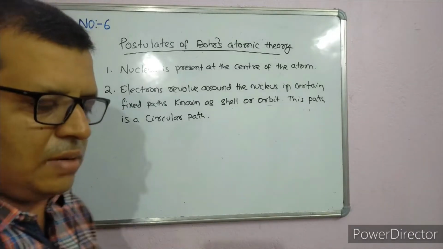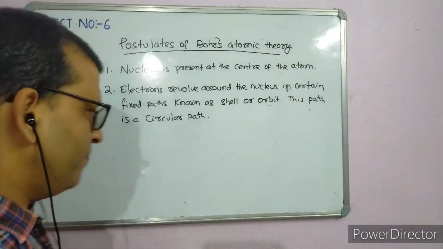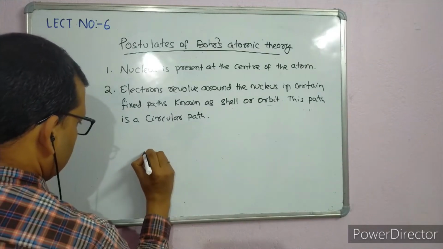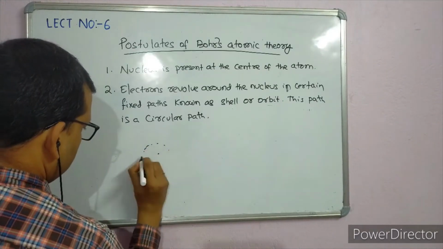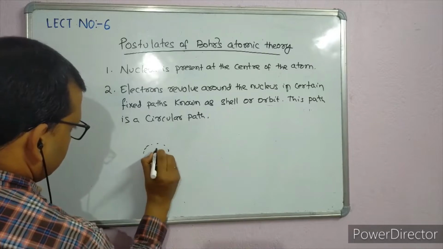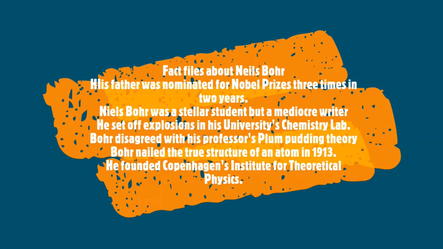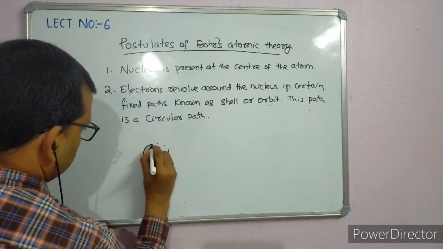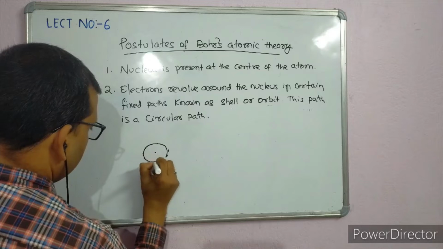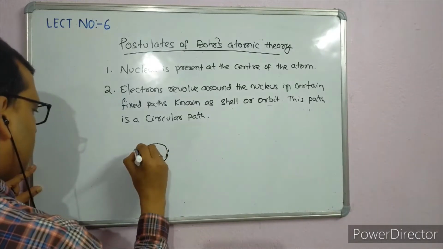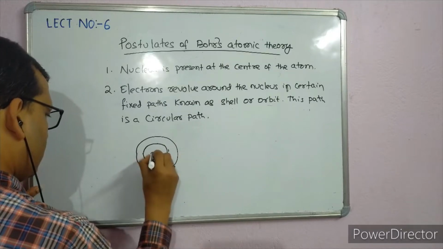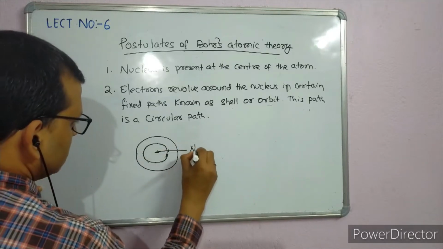So let me explain the difference. Suppose that this is the nucleus, and this is one orbit, this is another orbit, and this is my nucleus.